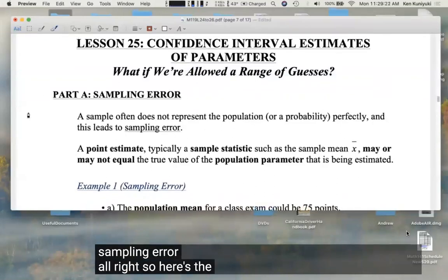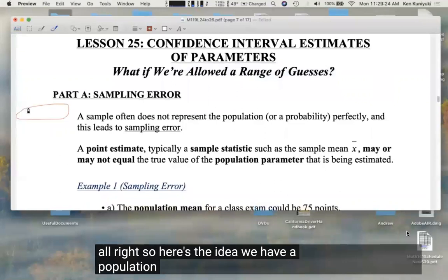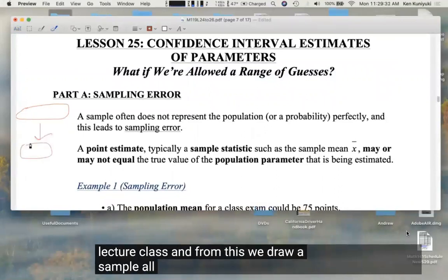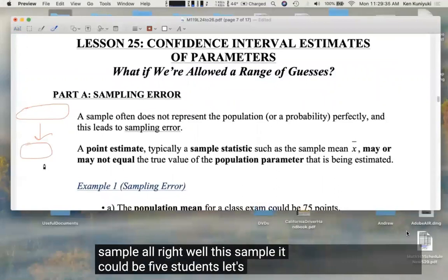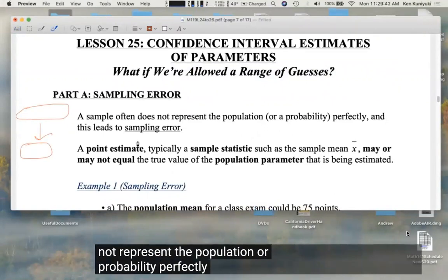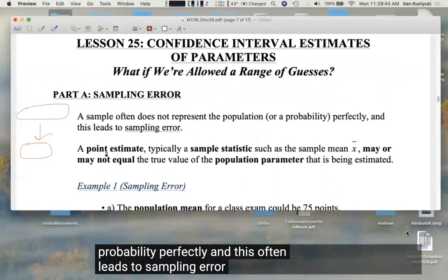All right, so here's the idea. We have a population, maybe test scores in a big lecture class. And from this, we draw a sample. This sample could be 5 students, let's say, and their test scores. A sample often does not represent the population perfectly, and this often leads to sampling error.